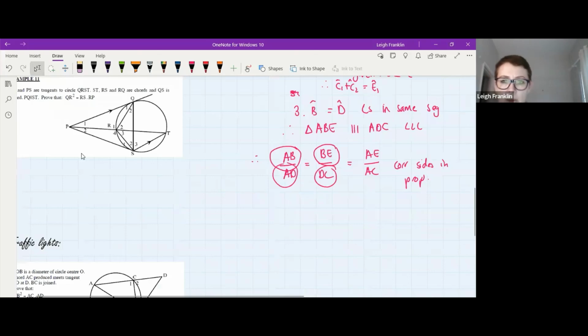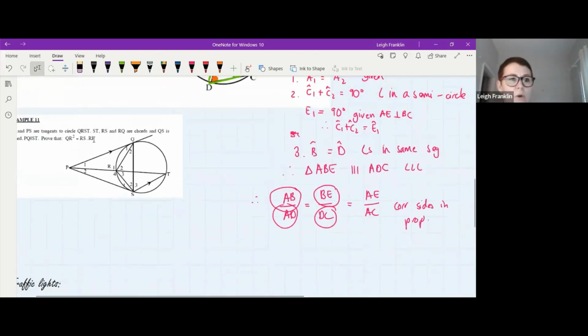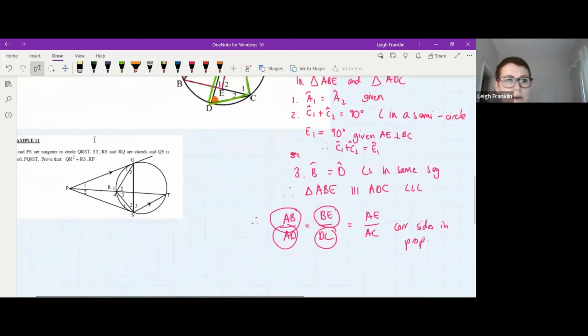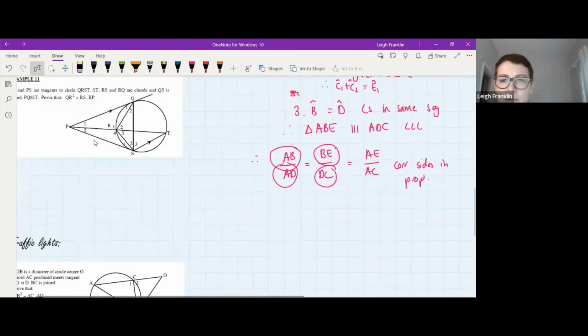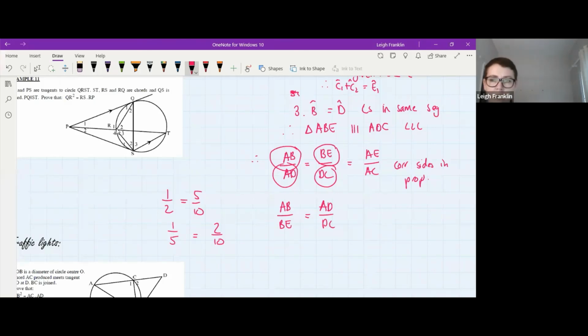There we go. What they're doing here, AB over BE, they are comparing the numerators. AB over BE is the same as AD over DC. Now they're comparing the denominators, AD over DC. If I have 1 over 2 is 5 over 10, I can say that 1 over 5 is 2 over 10. That's what I've done, and that's why it's okay.